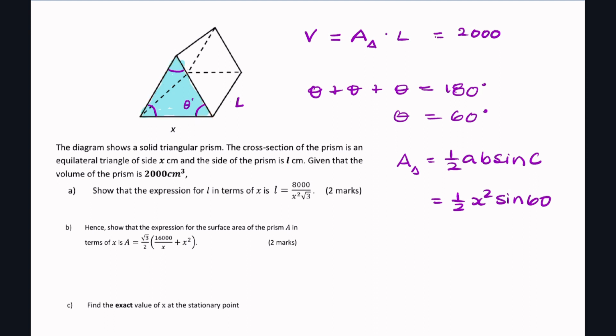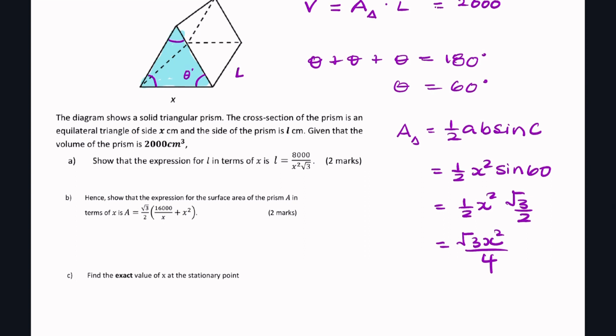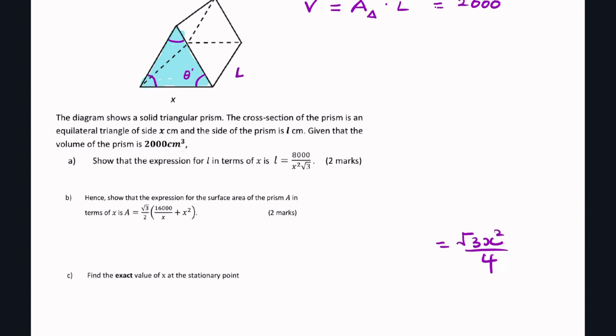And sine 60, if you put it in your calculator, is square root of 3 over 2. So that gives us square root of 3x squared over 4. So that's our value for the area of the triangle.